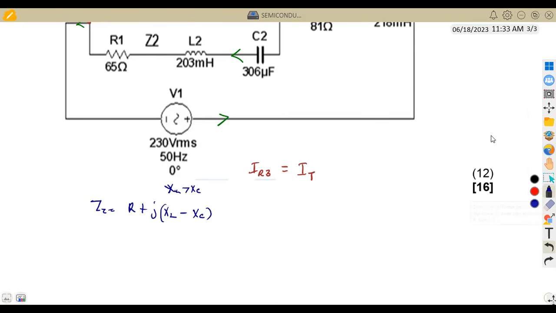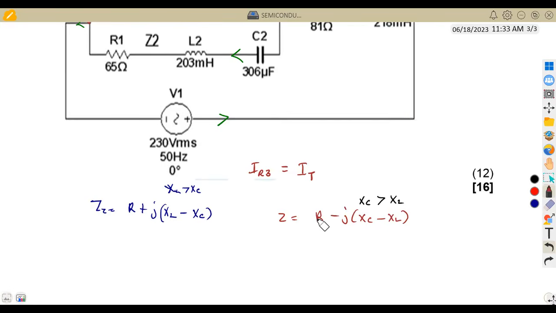Or we can have a condition where our Z is given as R minus j into XC minus XL, like this, provided that our XC is greater than XL. So we have to compare so that we are going to see which formula we are going to use to find our Z2 in this case.